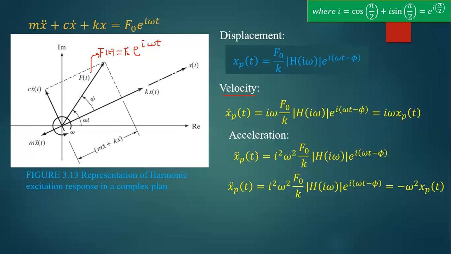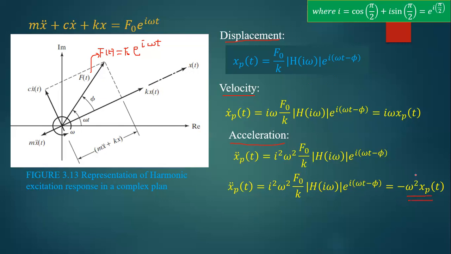And the acceleration term is in the negative direction of xp of t with omega square, so i square omega square f naught over k, magnitude of H of i omega, e to the power of i omega t minus phi, which gives us minus omega square x particular of t.